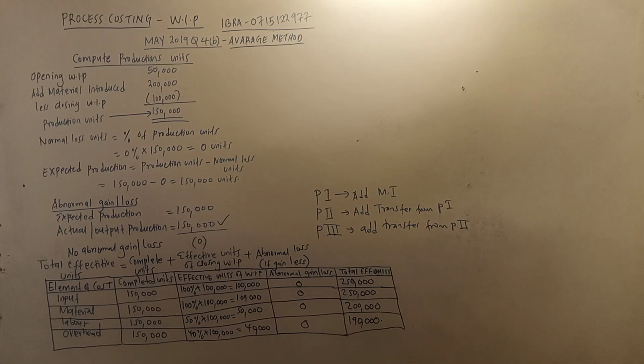Part A required us to compute the statement of equivalent units, or equivalent production. Number 2, statement of cost. Let's go to the statement of cost.